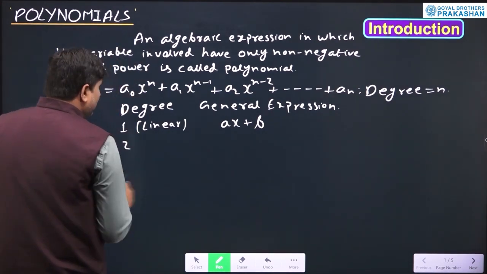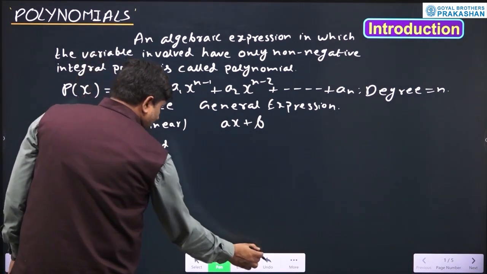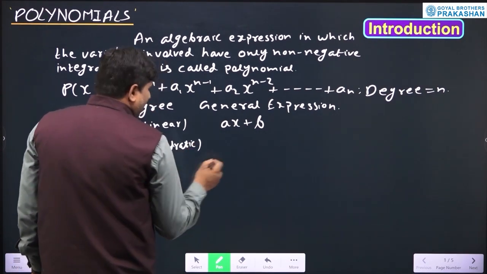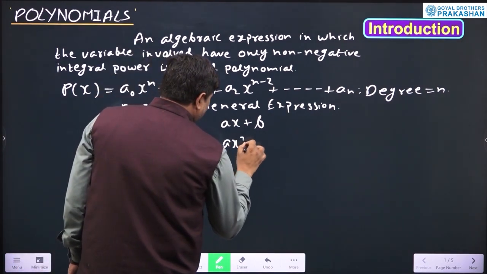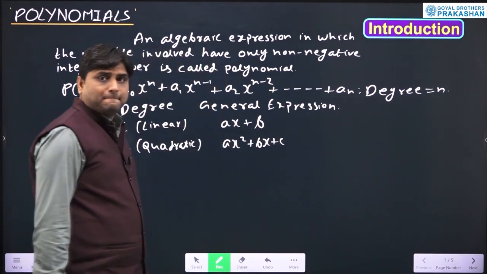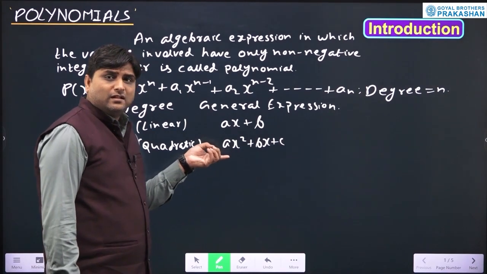If the degree of the polynomial is 2, we call it a quadratic polynomial, and its general expression will be ax square plus bx plus c, because the degree must be 2, so the highest power involved is x square.